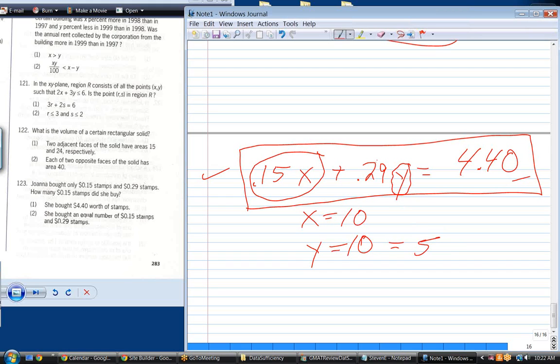And 5 times 29 is $1.50 minus a nickel. So this would be $1.45 if y was 5. And now can I make this equal the difference, $2.95? I think you can.